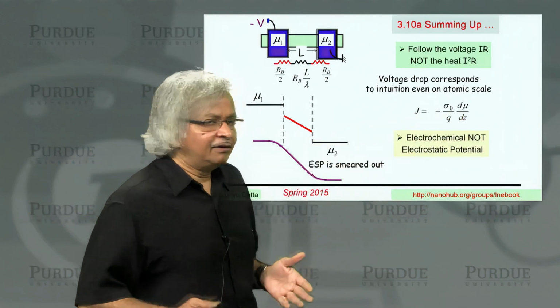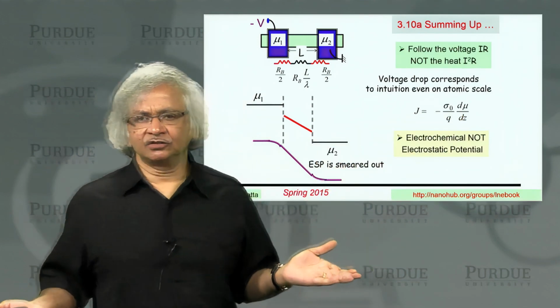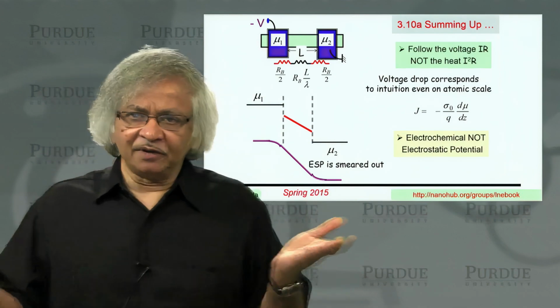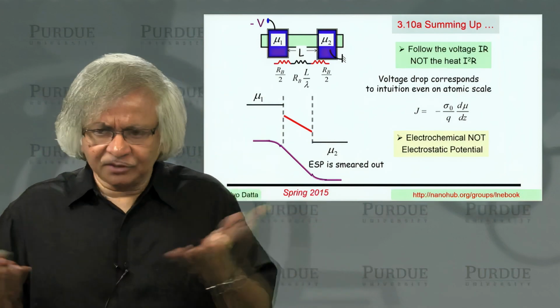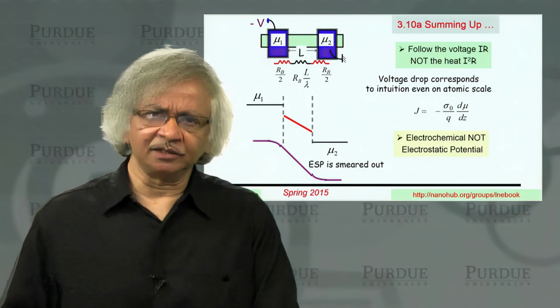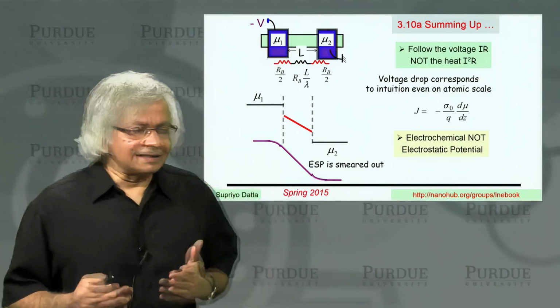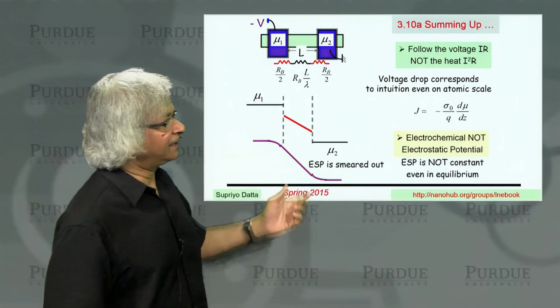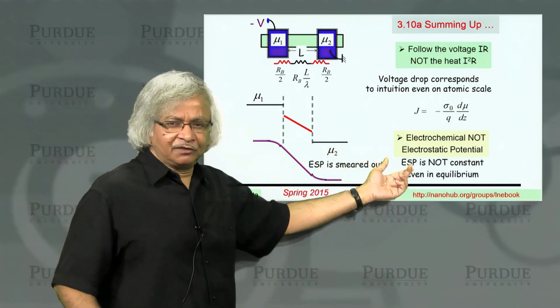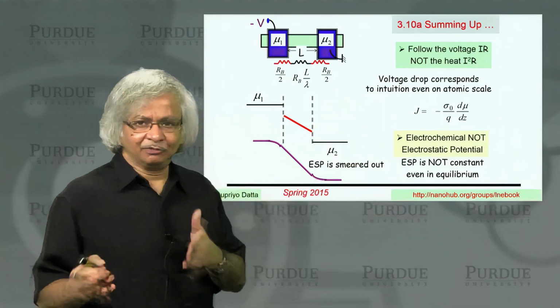On the other hand, electrostatic potentials don't have to be the same everywhere at equilibrium. On the microscopic level, there are all kinds of electrostatic potentials, even at equilibrium. So it's conceptually confusing to try to associate that with current flow.